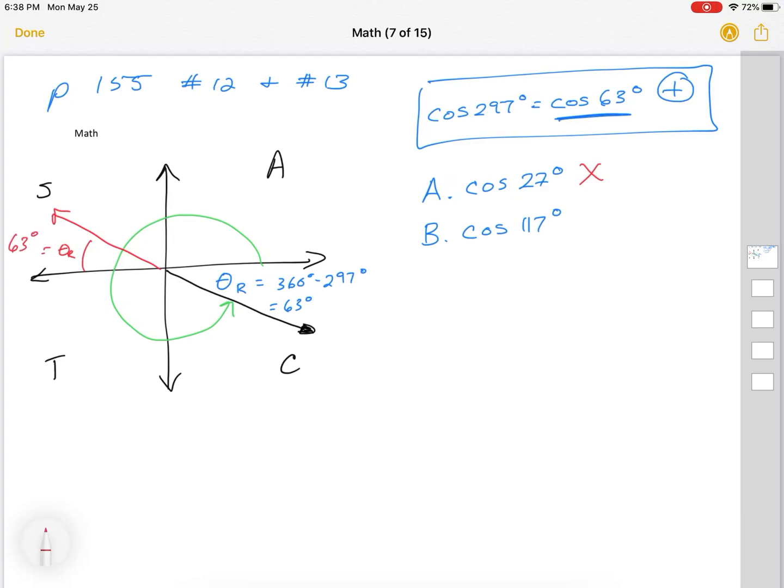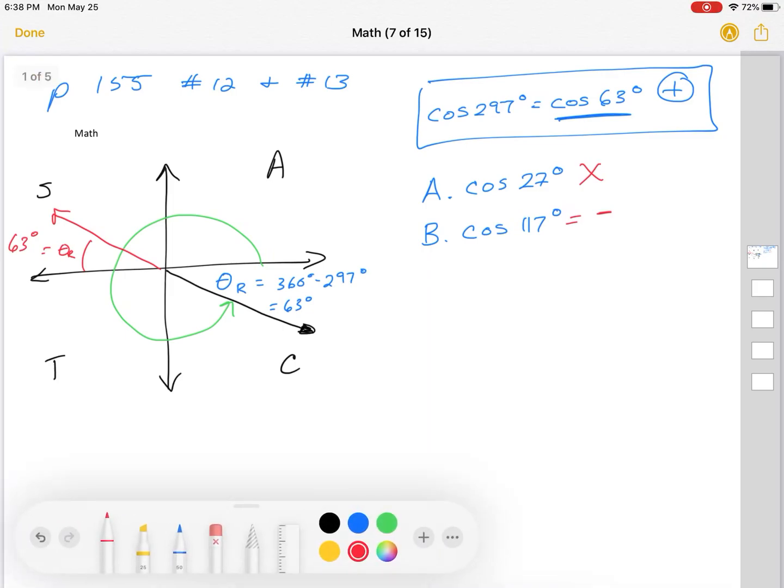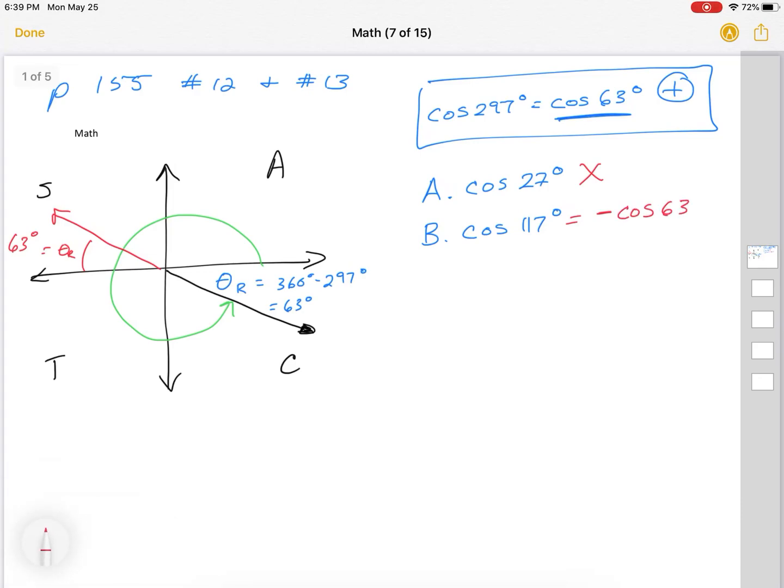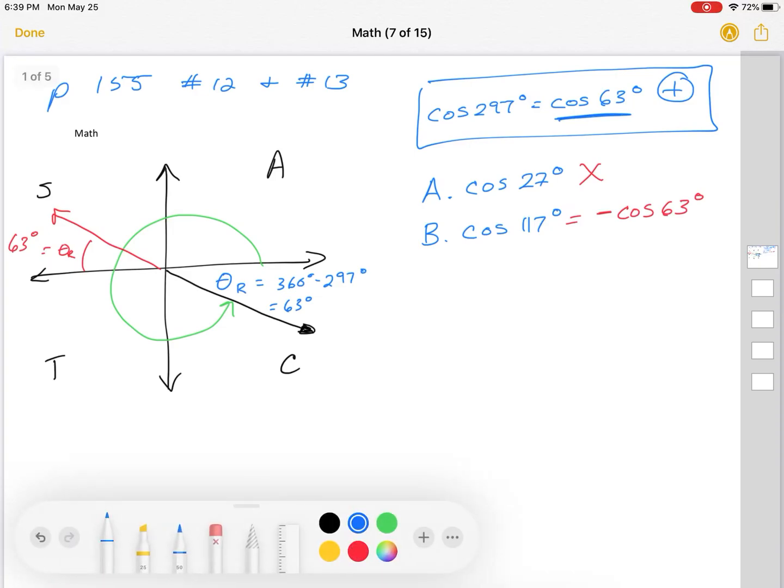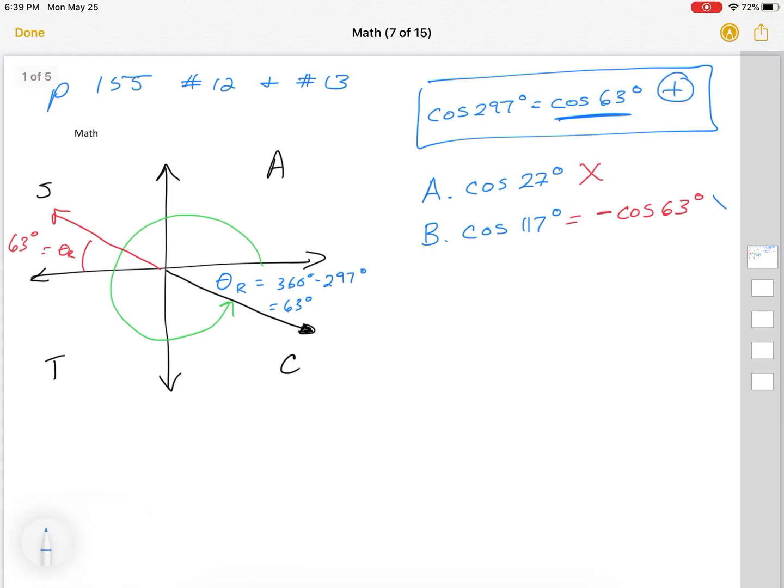However, in quadrant 2, cos 117 degrees is going to be a negative value of cos 63 because it is in the second quadrant. And that's what the CAST law tells us. So they are not equivalent, and that one does not work.